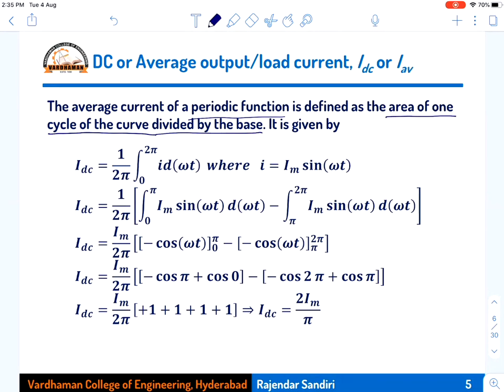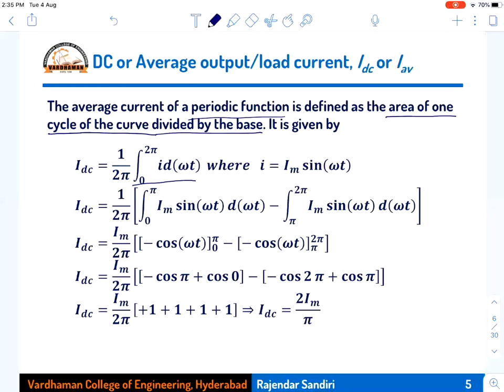The average value will be the integral from 0 to 2 pi of I d omega t. This is the area, and this area is divided by the overall base. What is the base here? 2 pi. So 1 by 2 pi, integral from 0 to 2 pi, I into d of omega t. That is the basic formula, where I is equal to Im sin omega t.